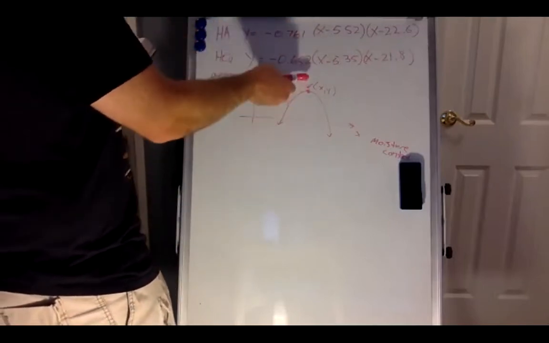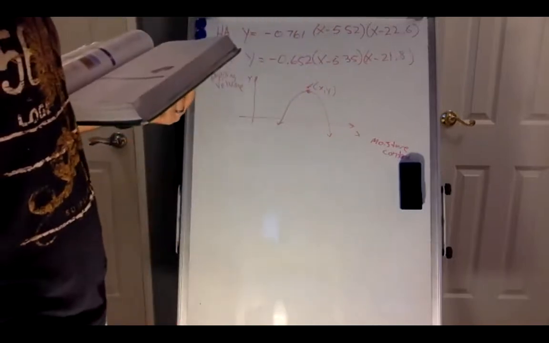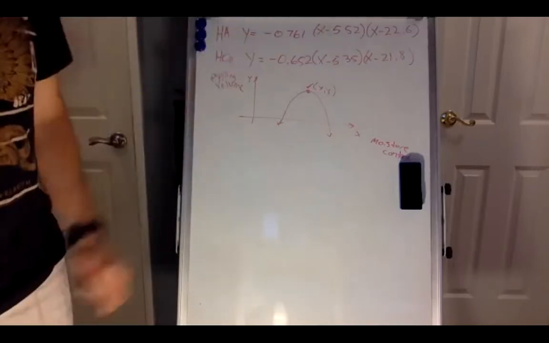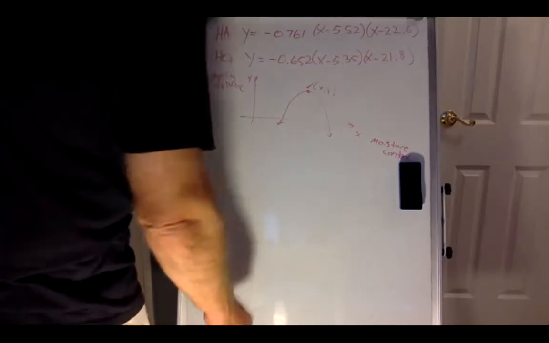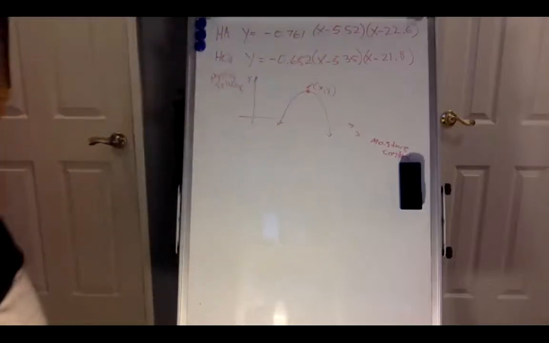What's the maximum it can be and what's the minimum it can be? That's it. So this problem is just like the football problem. It's multiplying it out, getting negative B over 2A for your X at that point, and then plugging it in. Got it?